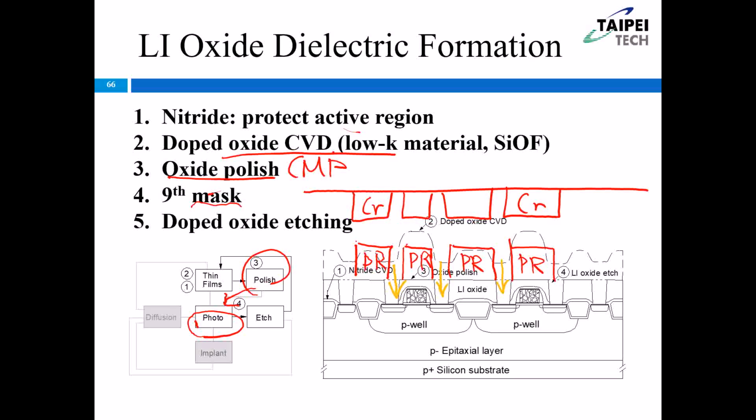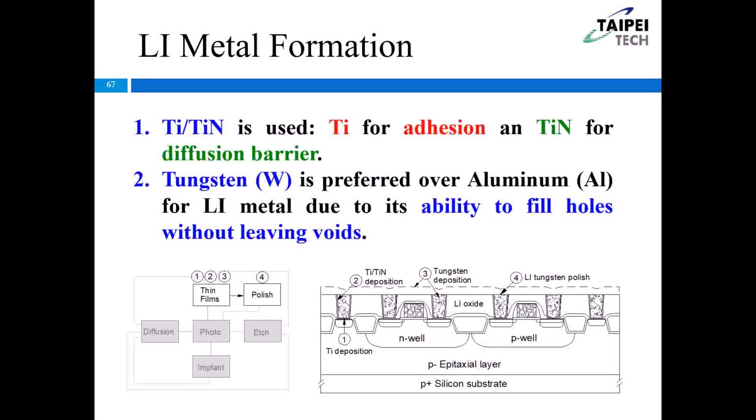Just like we mentioned, right now we can fabricate the outside pattern, like the second step. Next, we want to put the tungsten into this hole.